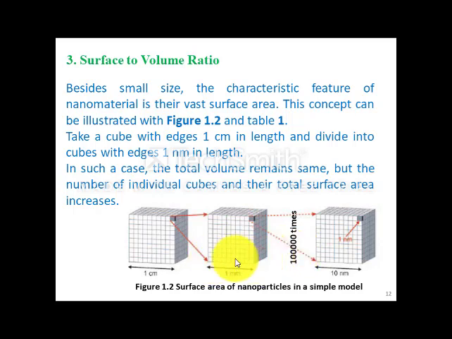First it will be divided into 10, again 10, again 10, 10 multiplied by 10 multiplied by 10, and finally we will get 1 cube of 10 nanometer size, out of which the small cube has 1 nanometer size.